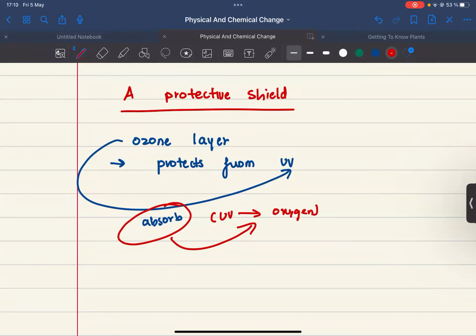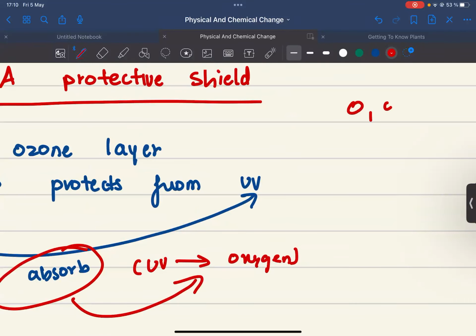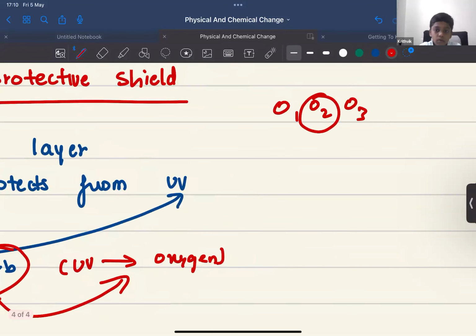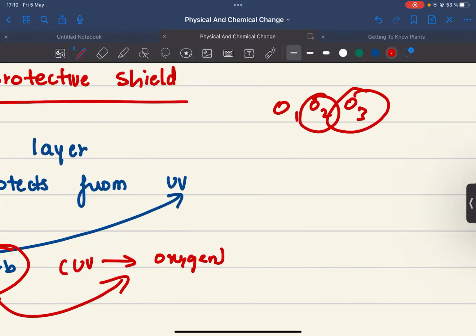All right, so oxygen is different from ozone. If we say oxygen, is it O1, O2, or O3? O2. O2 is oxygen. O3 is ozone.